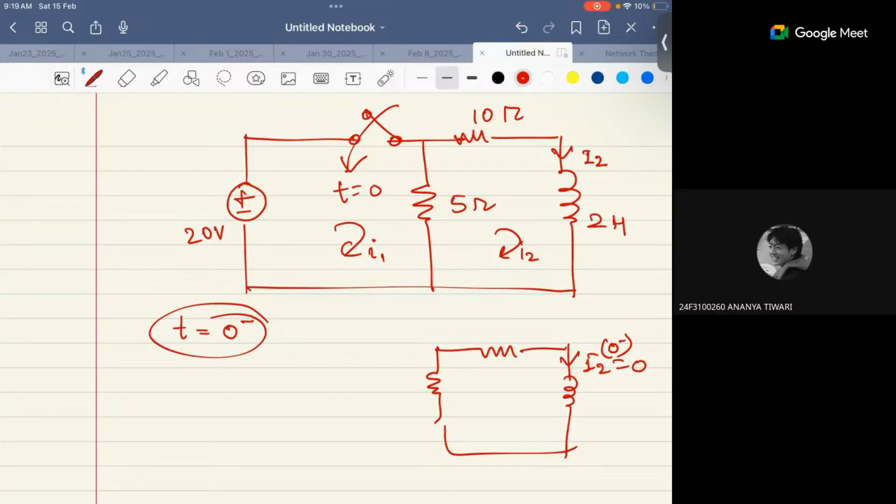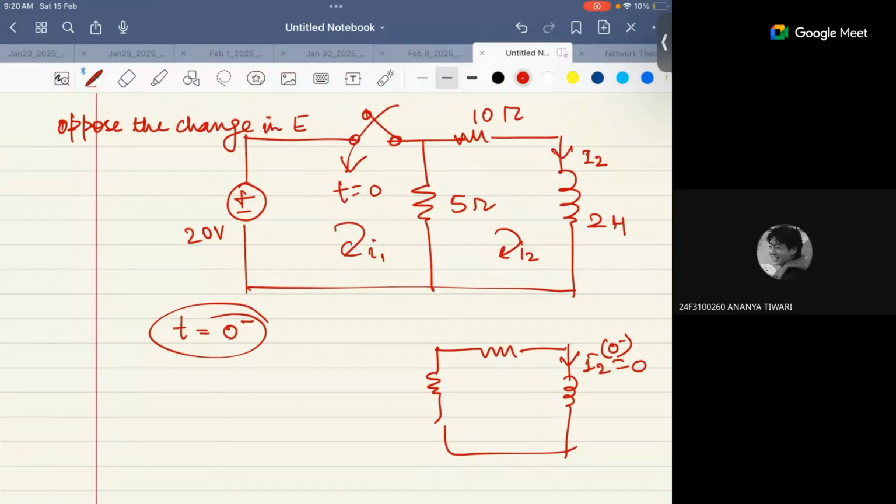Generally, the property of the inductor is that it opposes the change in current, or change in energy. Basically, this is change in energy, and you already know the energy formula for the inductor is half L i square. So it opposes the change in energy, whether it's a capacitor or an inductor.